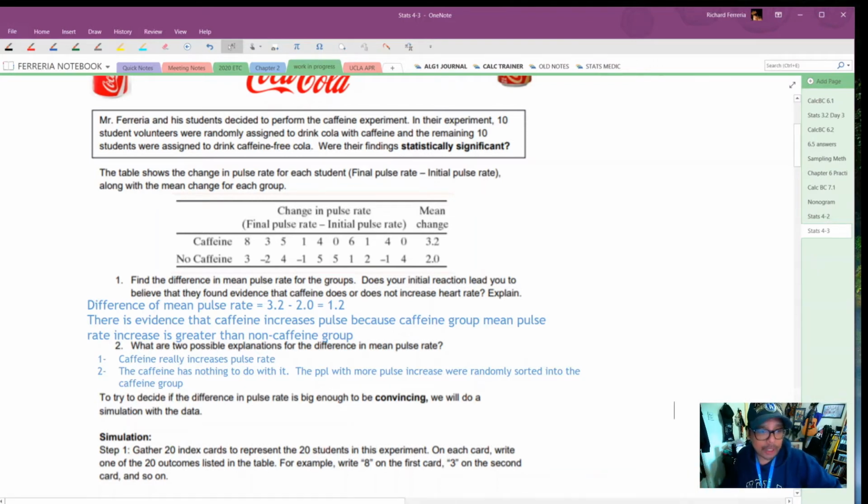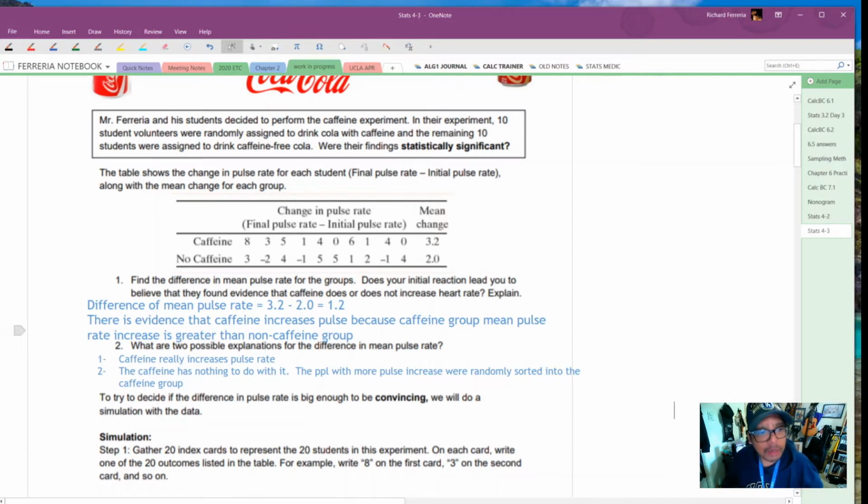So you can imagine if caffeine had nothing to do with it, maybe this 8 person would have been put into the no caffeine group, and this negative 2 person could have been randomly put in the caffeine group. It doesn't matter, because we're saying that the caffeine doesn't actually raise pulse rate.